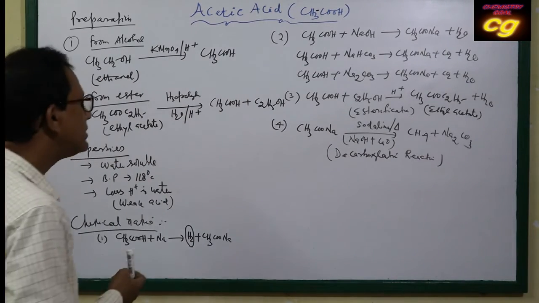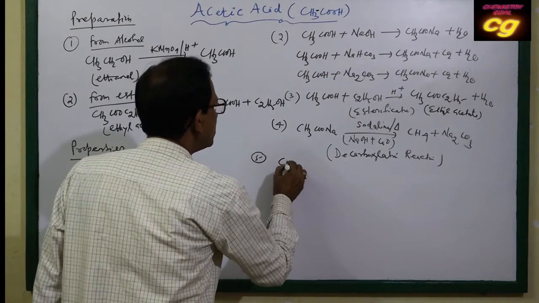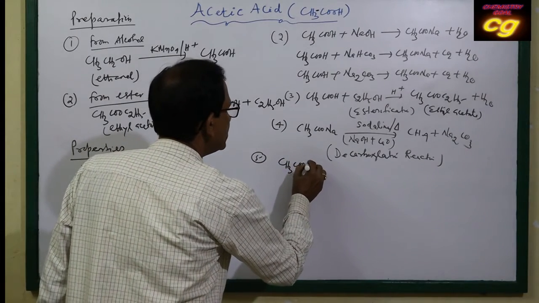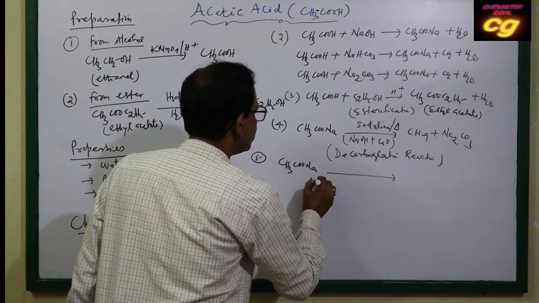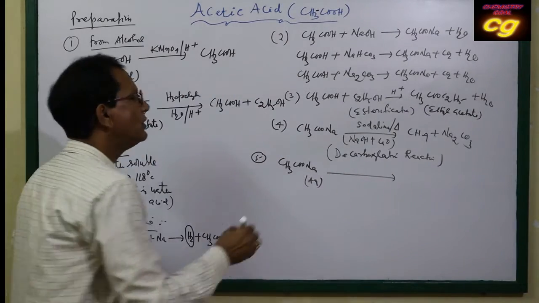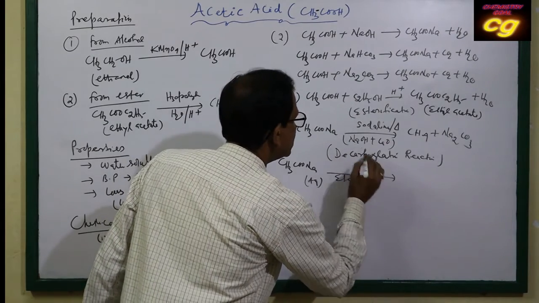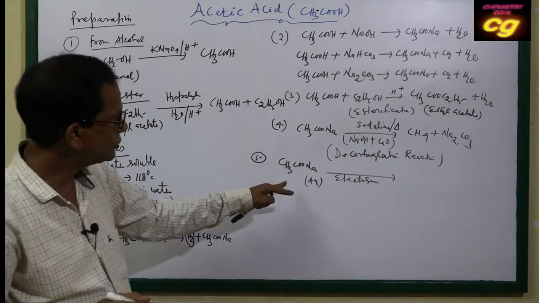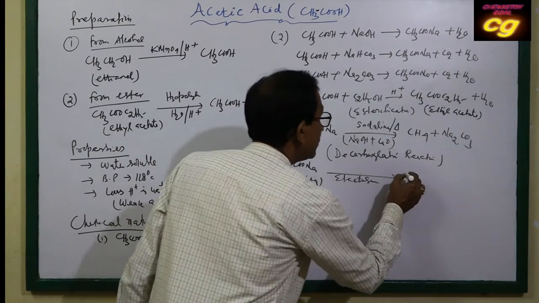But another important reaction you can write, that is very important, is when this sodium salt of acetic acid undergoes electrolysis in aqueous solution, that is also important for your competitive examination. When this salt solution undergoes electrolysis, it forms a higher alkane.